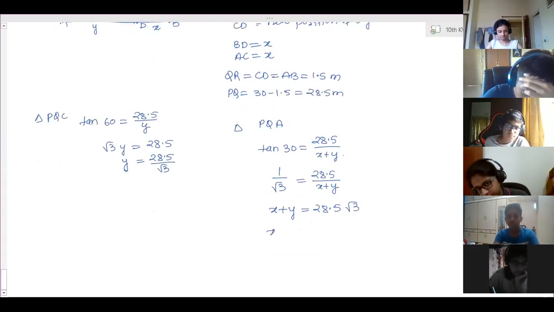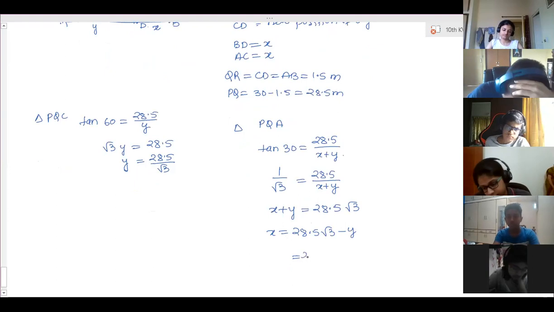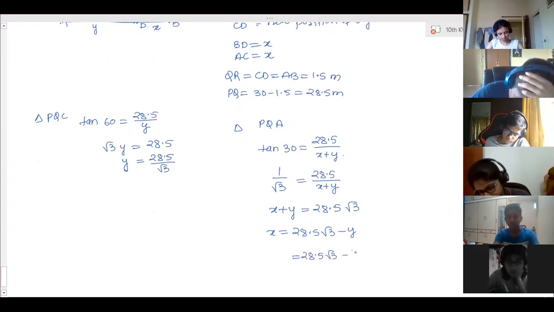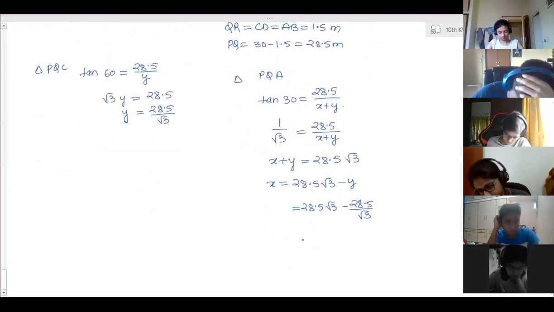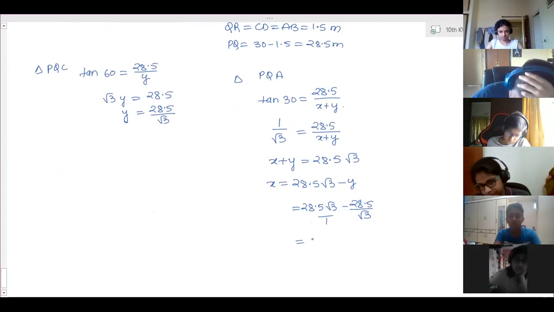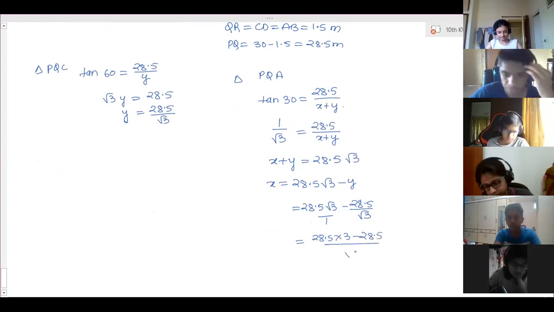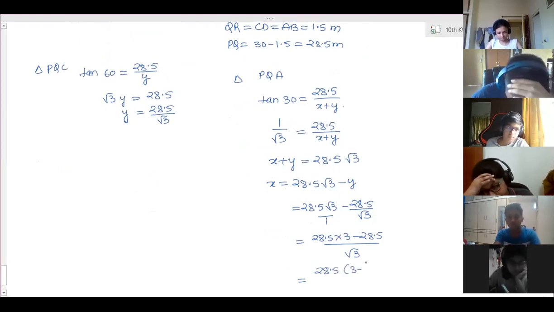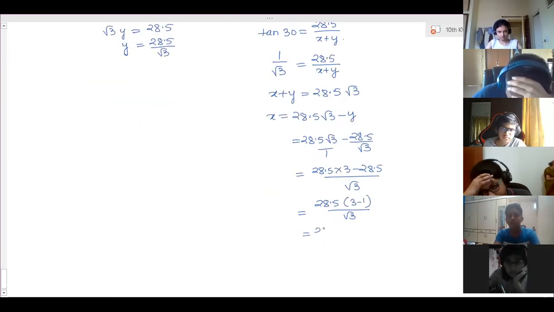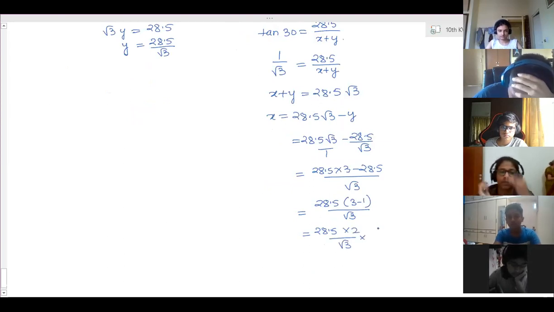Y value we have, so x is equal to 28.5 root 3 minus 28.5 by root 3. The LCM is root 3, so multiplying, that is 28.5 into 3 minus 28.5 by root 3. So this will be 28.5 times (3 minus 1 by root 3). Now rationalize.